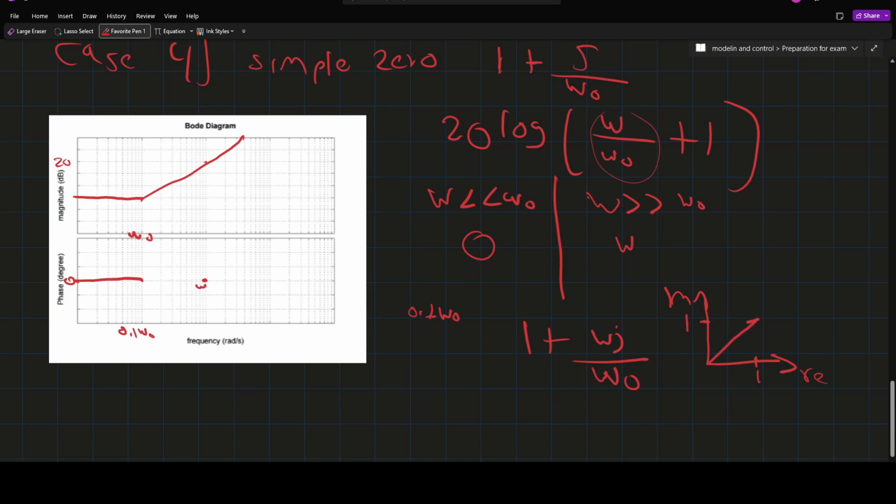So this vector is going to be like this, and here we are going to have an angle of 45 degrees because these two are the same. So we are going to have here 45 degrees. This is going to grow up to 45.